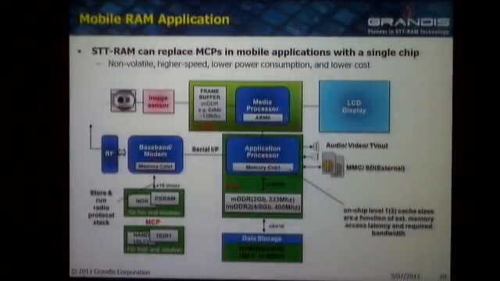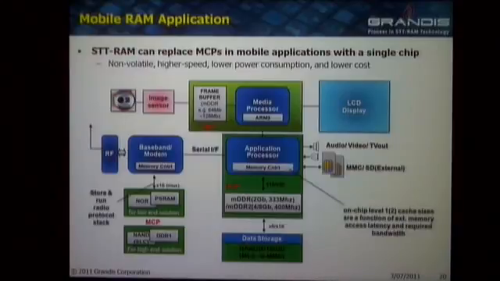This I'll go through quickly, but essentially, I think that the mobile applications are one of the near-term interesting areas for this technology, and that Hynix and others are interested in. You can replace not just some of the multi-chip packages where you have NAND and DDR-RAM in separate chips.